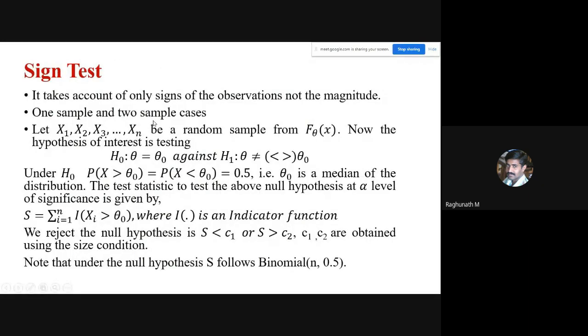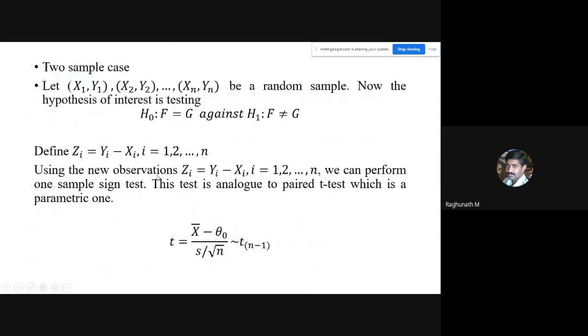Now coming to the two sample test, this was one of the celebrated ones because this goes parallel to the paired t-test, before and after, meaning pre and post. Suppose a tablet is developed for a BP patient.